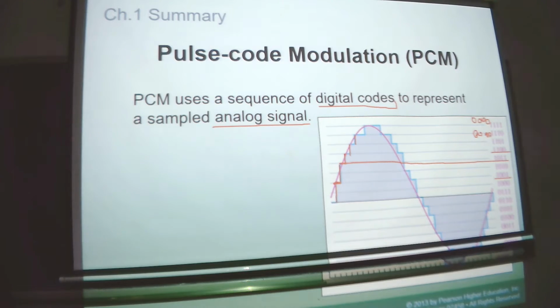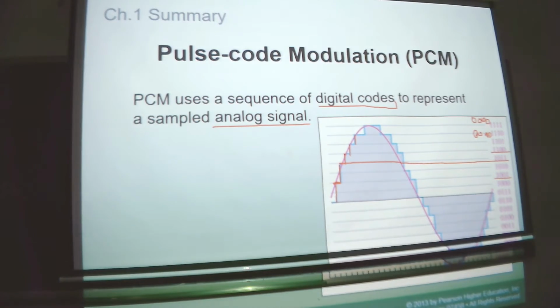If we use 8 bits to represent the amplitude of the analog signal, we can have 256 different values. That is 2 to the power 8.